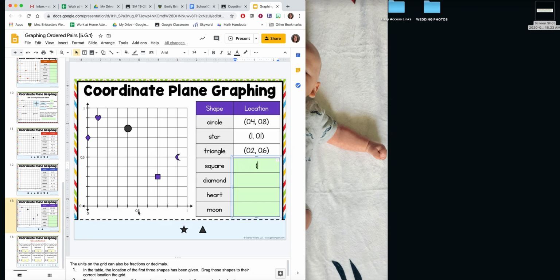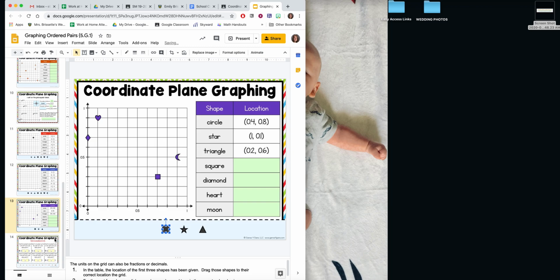So our square, 5/10, 6/10, is at 7/10 on the x-axis. And the y-axis, we're going to go up 1/10, 2/10, 3/10. So it will be 3/10 on the y-axis for the square. You guys can go ahead and place the rest of them and practice your problems here.